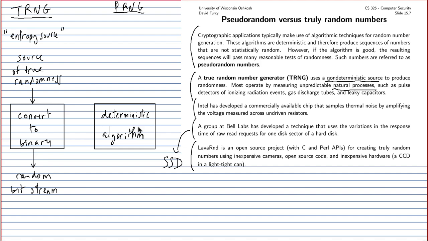Okay, so the way these deterministic algorithms work is they take as input a single number, usually called the seed, and then they feed that to the algorithm. And this deterministic algorithm is going to output a sequence of pseudo-random bits.